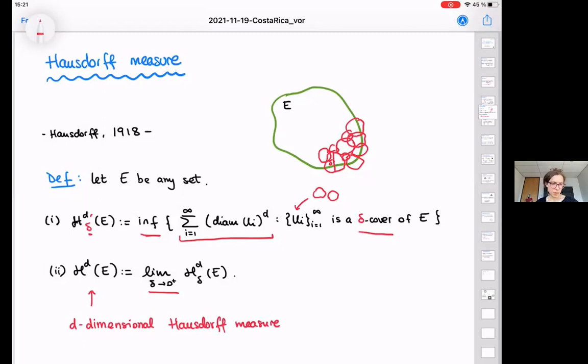This concept turns out to be very useful because it can help us to define volume and surface area or perimeter with much more generality.